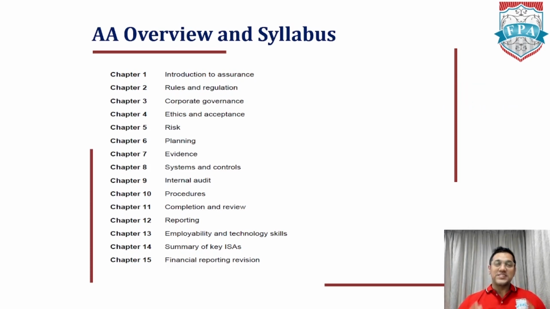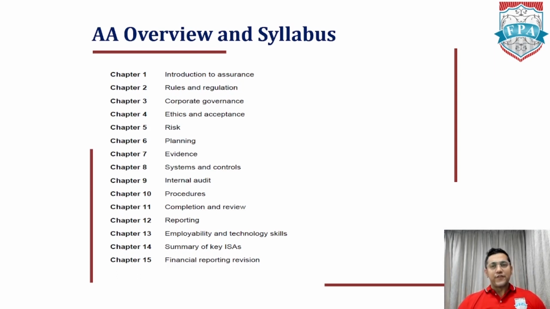These procedures talk about how you get the evidence from maybe receivables, payables, inventory, cash. These are the common areas which auditors will need to go and get evidence from, and the procedures will tell you all of that.